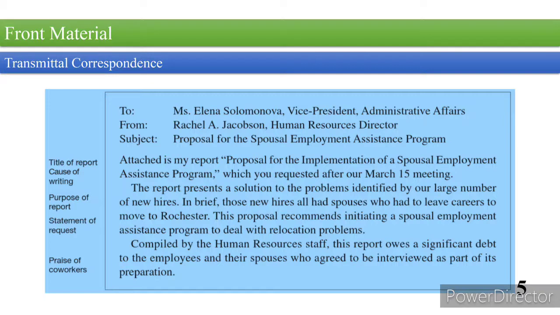Now you have attached your report, and you are providing the reference of when this report was demanded, who demanded the report, or in which meeting the report demand was put on.